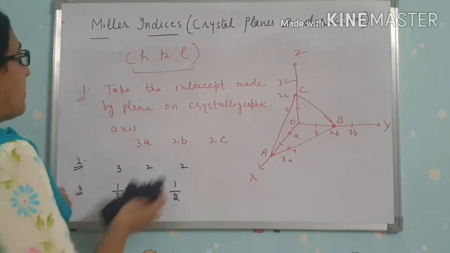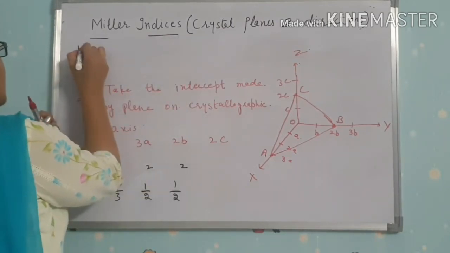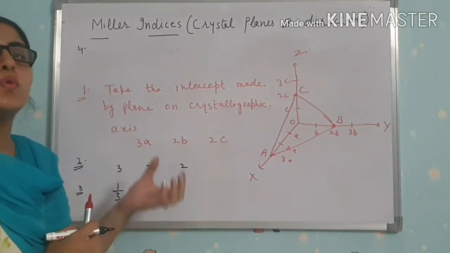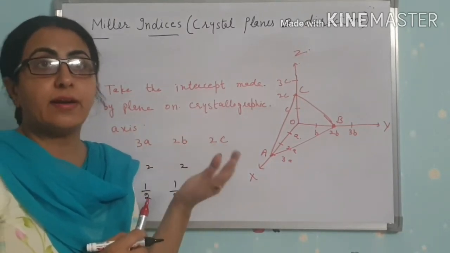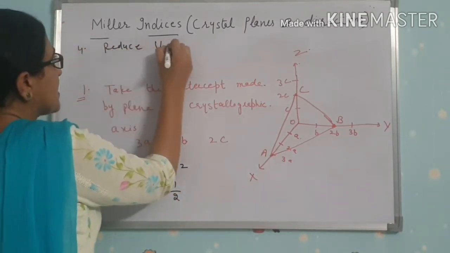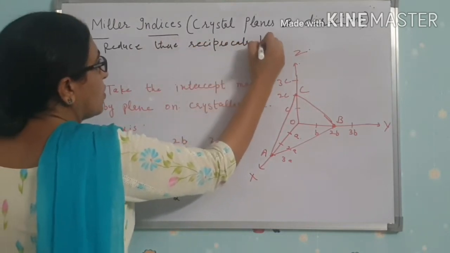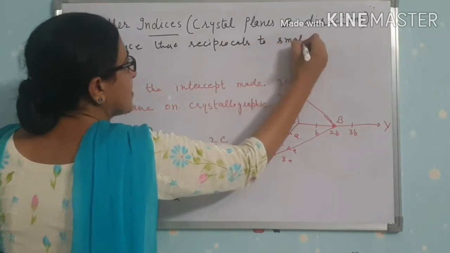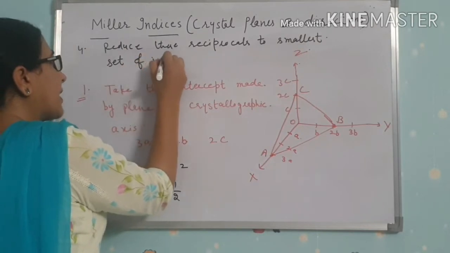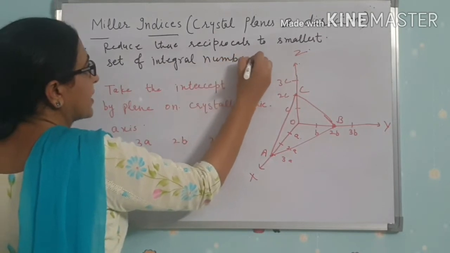Now what is the fourth step? The fourth step is to reduce these reciprocals into the smallest set of integral numbers.